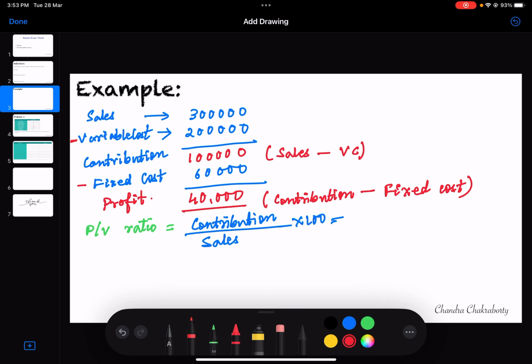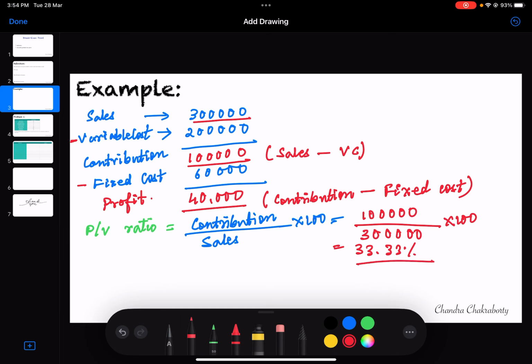Contribution here is 1 lakh, and sales is equal to 3 lakhs, into 100. This will give you 33.33%. So your PV ratio is 33.33%.